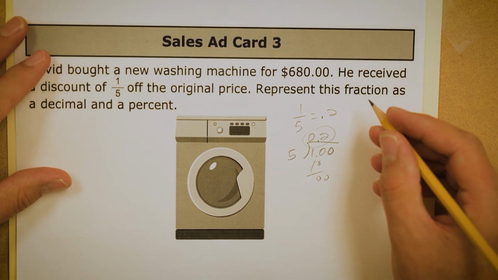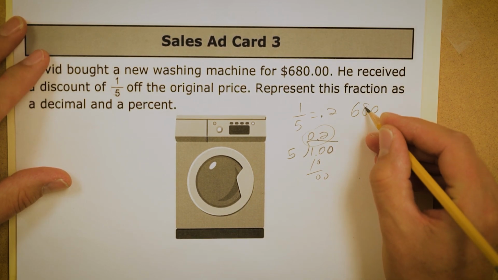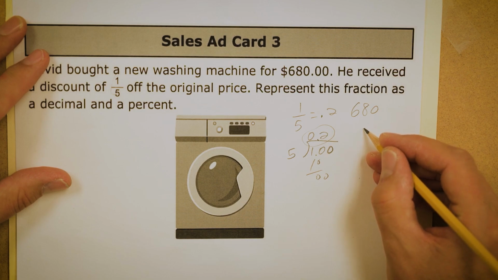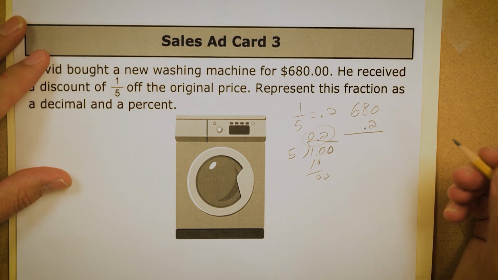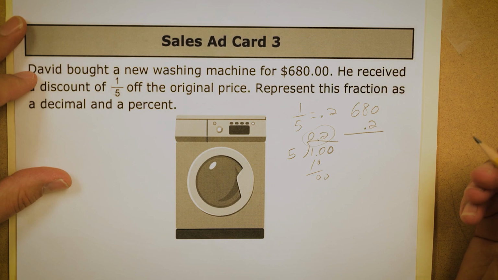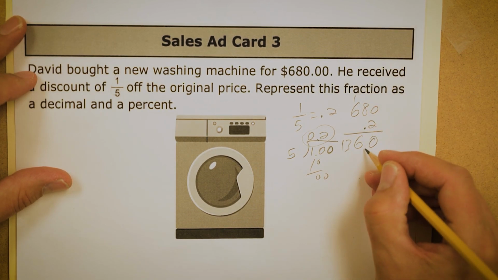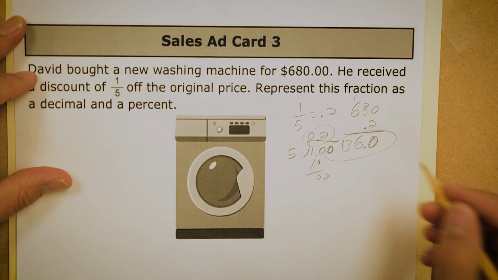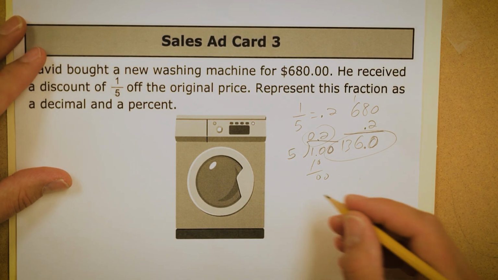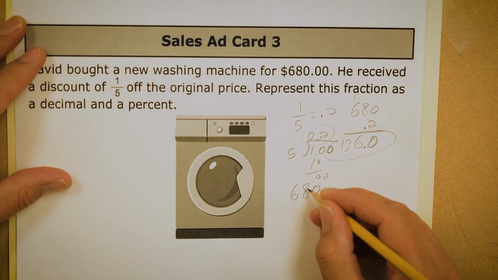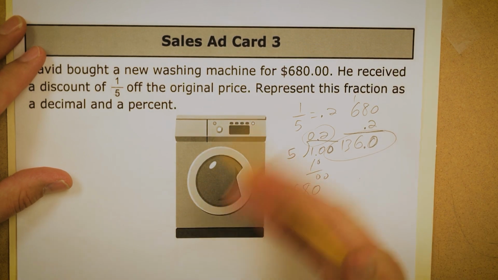Let's see what that discount is. We have 680 is what this thing costs. Let's multiply by 0.2 to see what that discount amount is. 0, 6, 1 for up there, 13. Bring our decimal down. Discount of $136. Take that off the original. You get 680, don't need a decimal there.